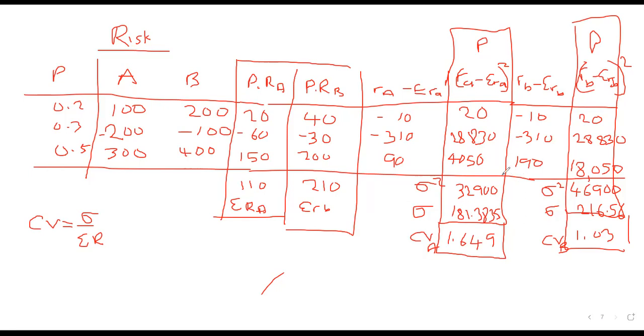Then to calculate the covariance, we multiply column 1, column 2, column 3 together.